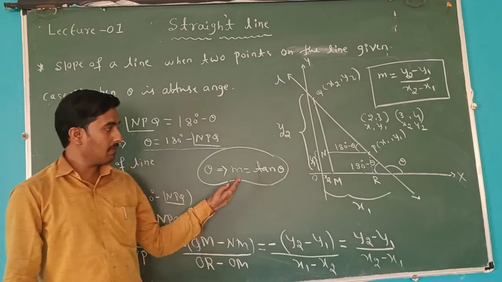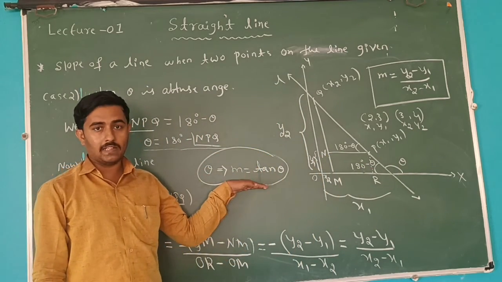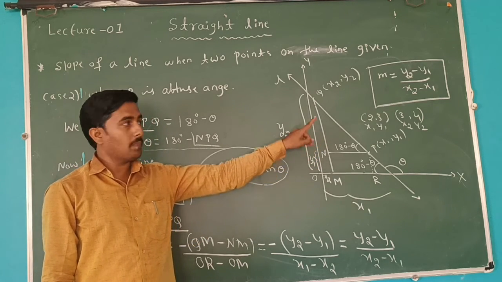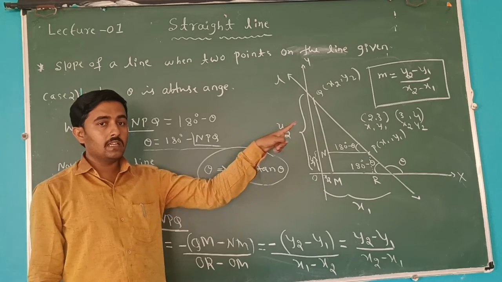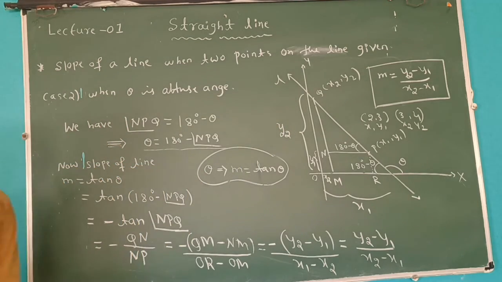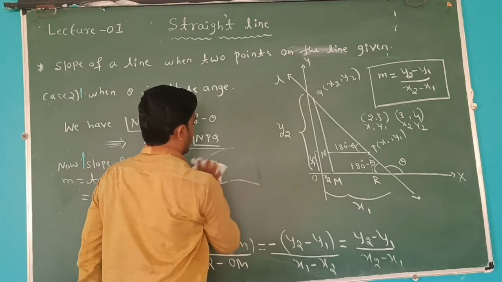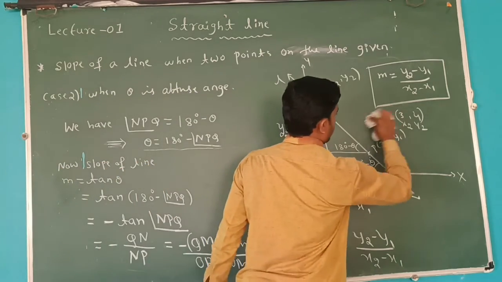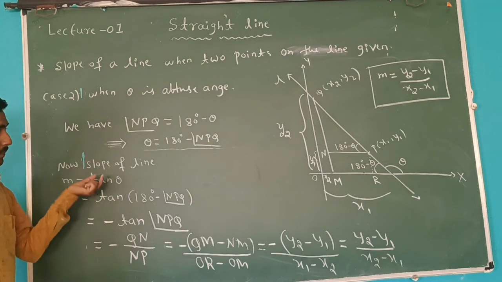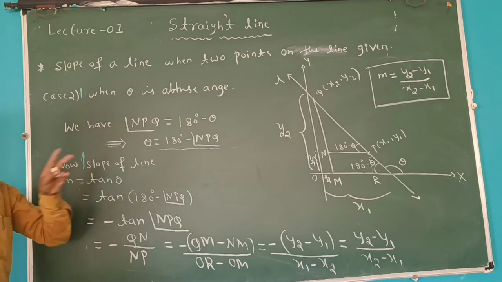When the angle is given, we use the formula m equal to tan theta. And when two points are given, we use the formula y2 minus y1 divided by x2 minus x1. Okay? So note down this one. This is case 2 when theta is an acute angle. Finally, we remember two formulas.